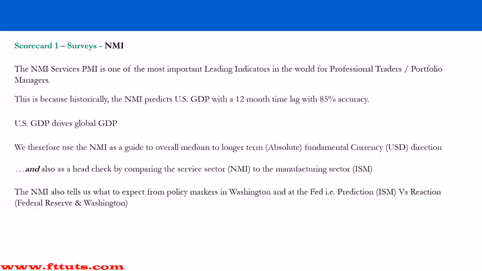So just a quick rundown before we continue to build out our endogenous process. What we've done here is we've looked at two very important surveys in the United States with the intention of predicting what's going to happen in the US economy in 12 to 18 months' time. And the reason why we're doing that is because we want to predict whether in 12 to 18 months' time there's going to be inflationary or deflationary conditions.